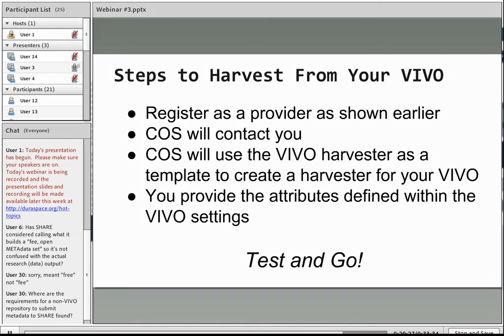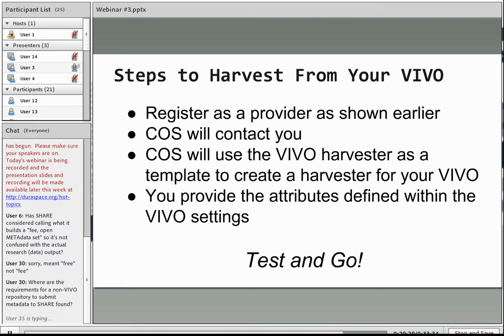And there are links to that on the Share registration page, as well as on the Share documentation and the frequently asked questions. I will post a link to that in the chat window right now.